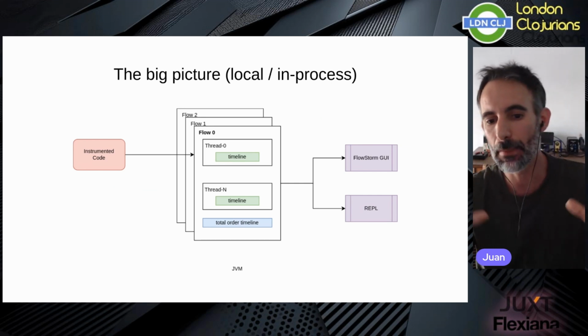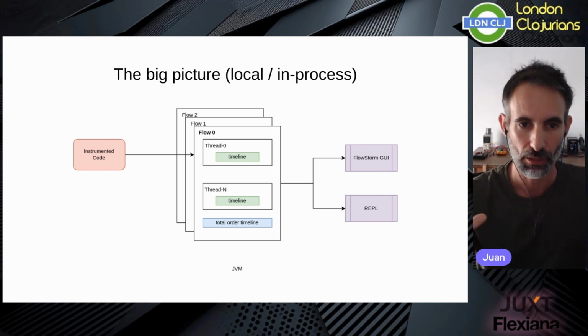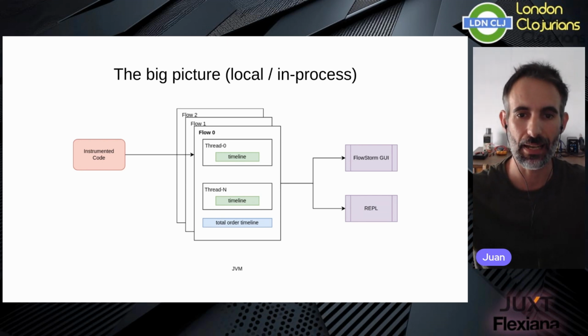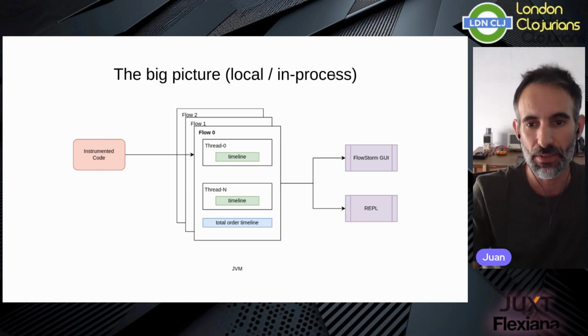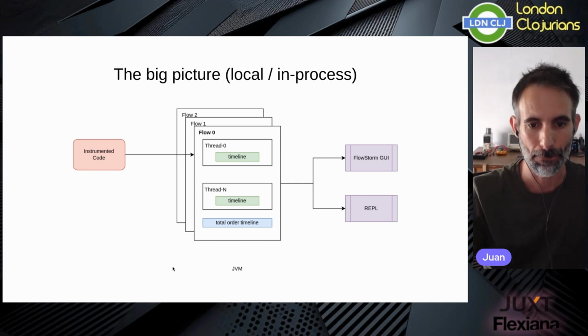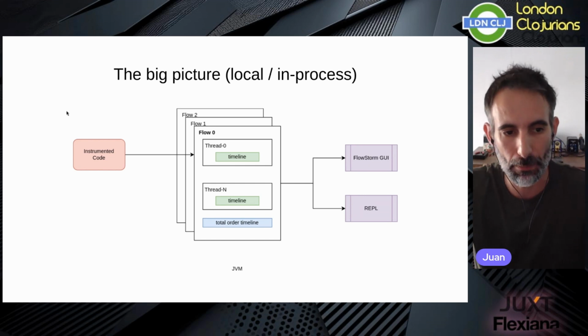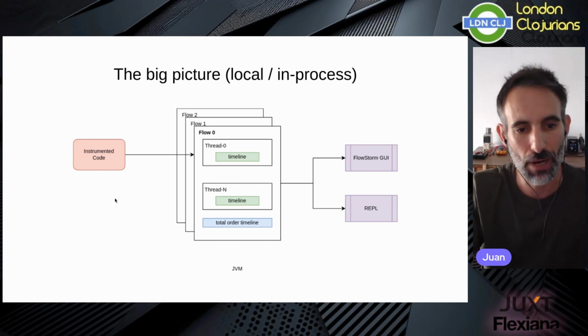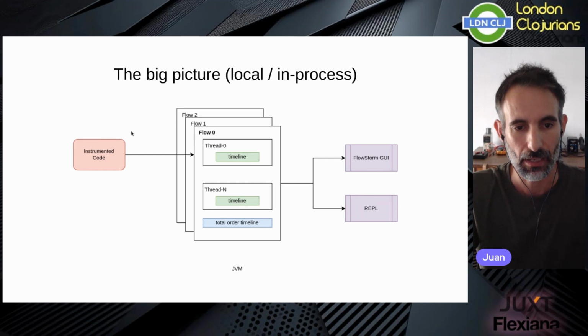So the big picture: FlowStorm can run in various modes, but when we run it in in-process mode, which is called local mode, everything from the UI to your code runs on the same JVM. And it's basically composed of 3 parts. You are going to run your code, whatever it is.